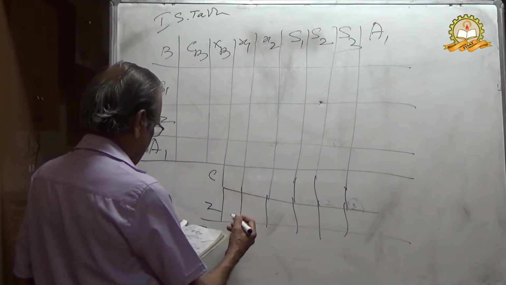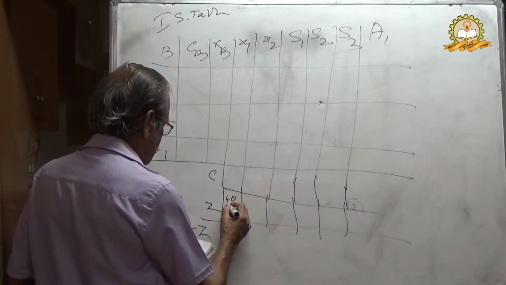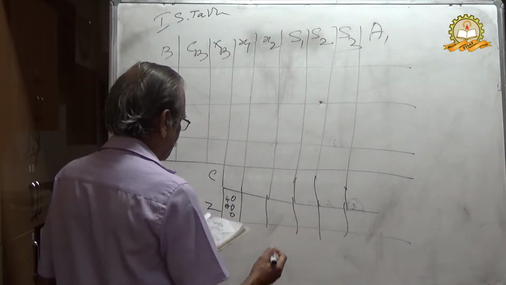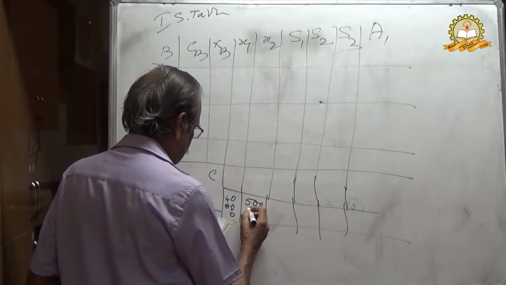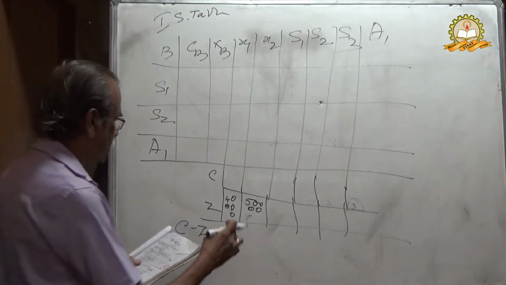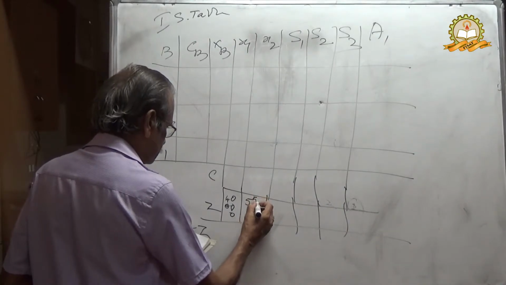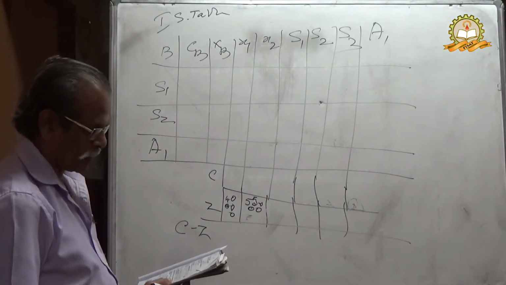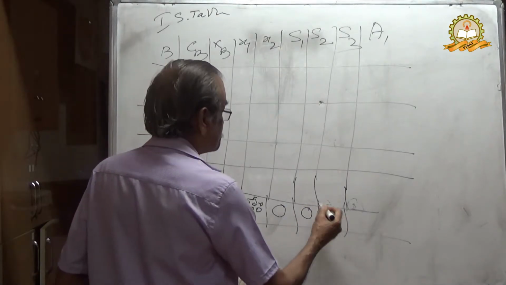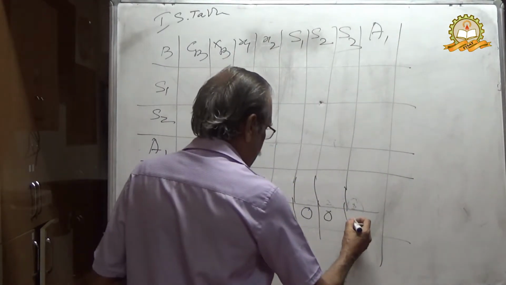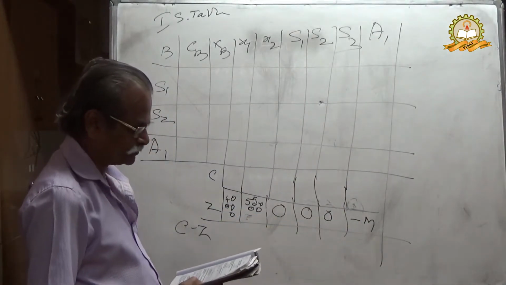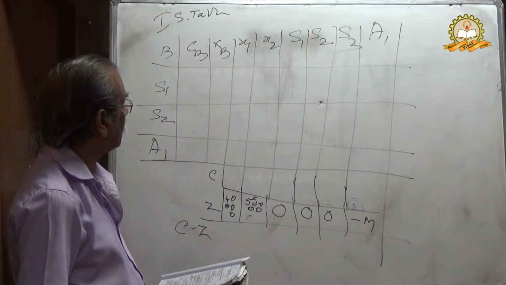Objective function Z will be 40,000 X1, then 55,000 X2, then in the objective function 0 S1, 0 S2, 0 S3, and under A1 you have minus M A1.